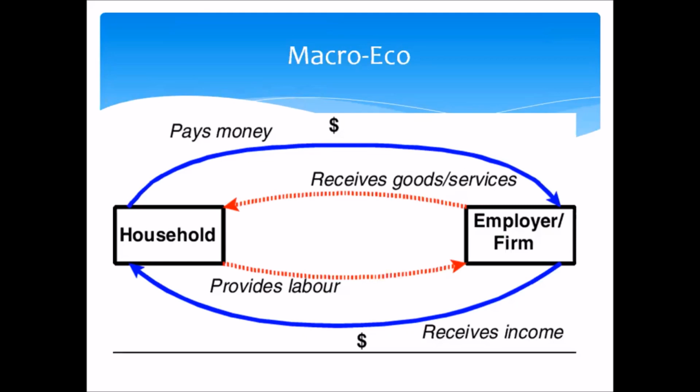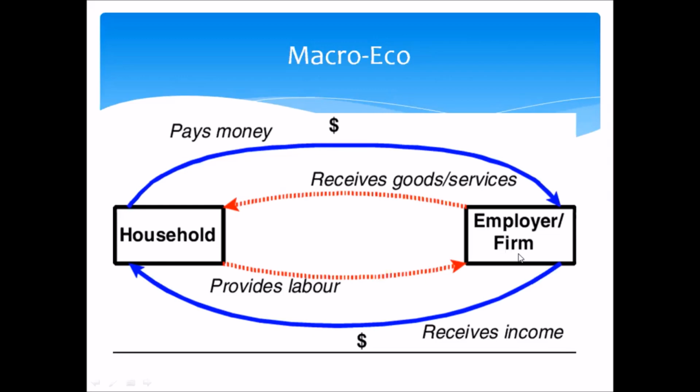One is the household, the other one is the employer or firm. On the household side, you always have something like land, labor, capital. That is what we call the factors of production. And on the other side, the employer or the firm, we generally call them a business house.